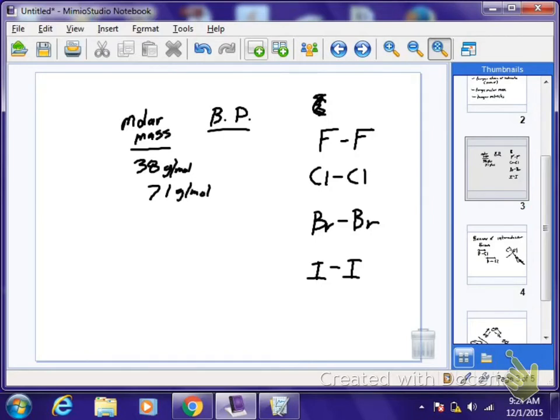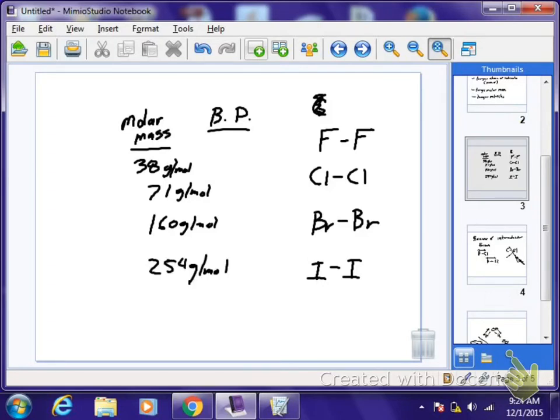Then I'm just going to continue to do that for bromine and iodine. Do the same thing, multiply each one by 2. I'm rounding these, and I come up with 160 for bromine, and then iodine, I come up with 254.